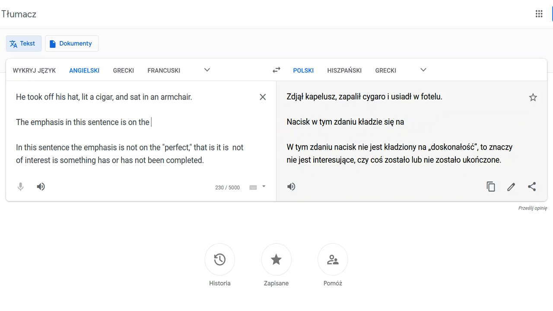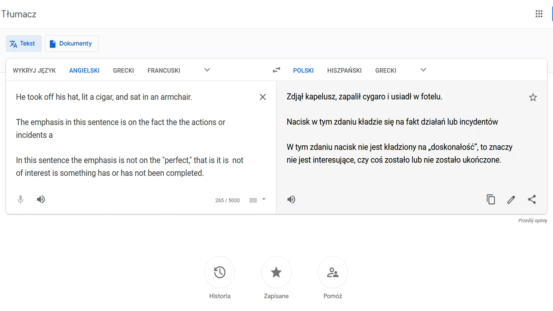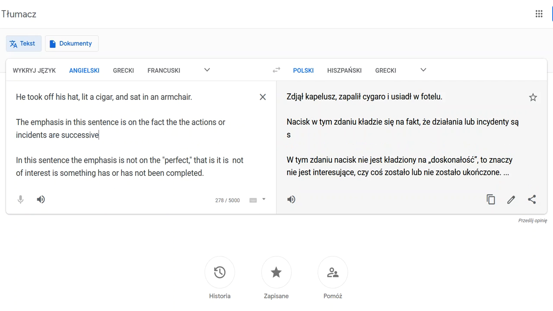So the emphasis in this sentence is on the fact that the actions or incidents are successive, okay?